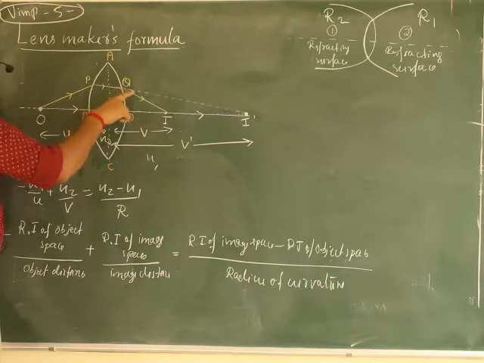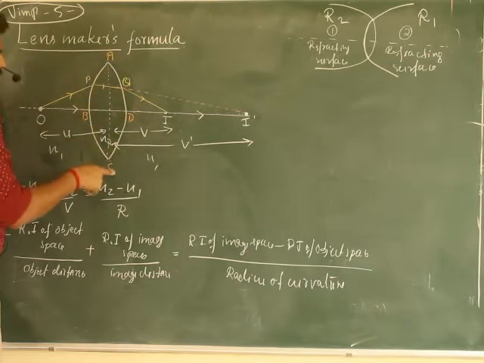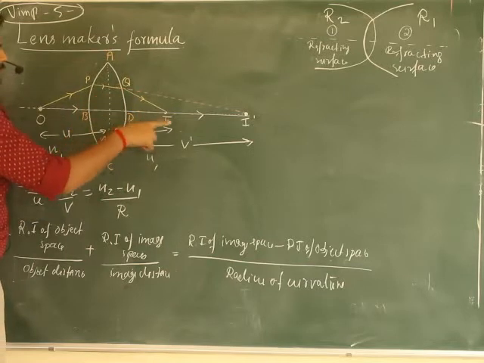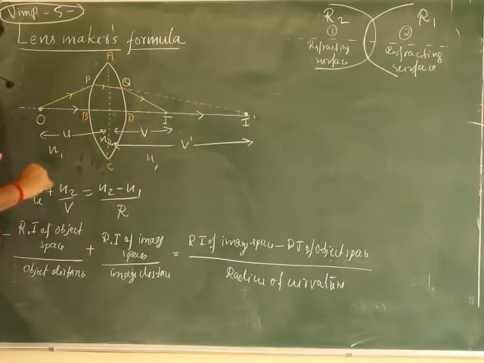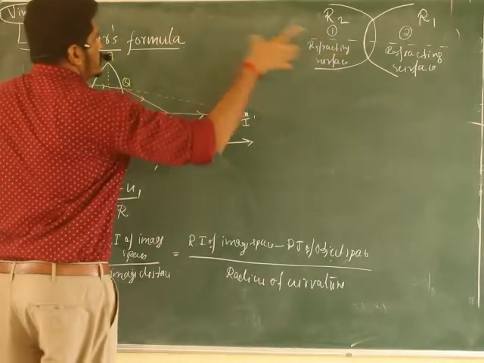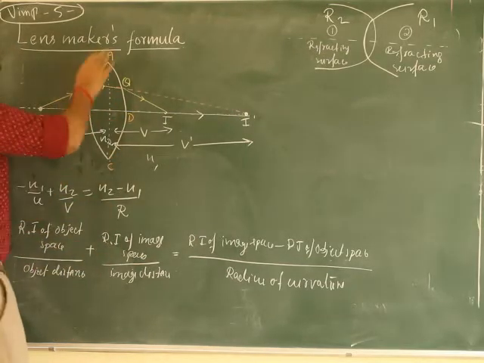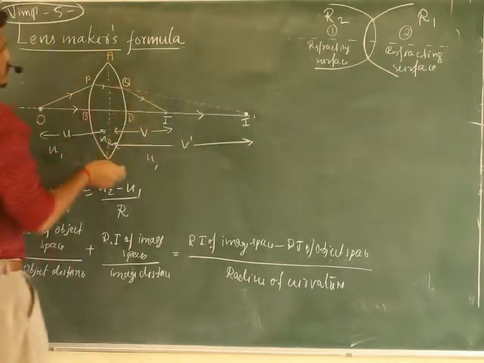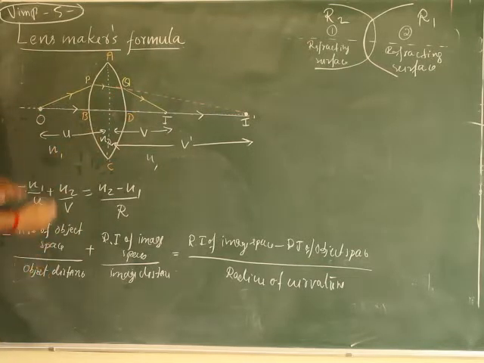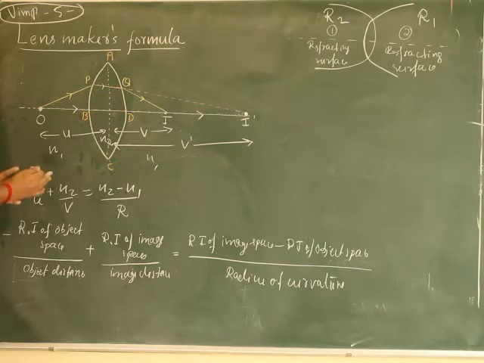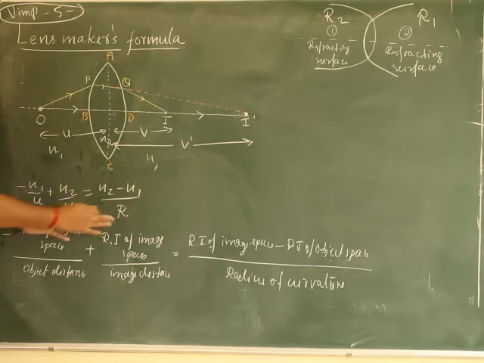Then again it undergoes refraction at face ADC, and that is why it forms the image at I. What are we assuming here? We are assuming this biconvex lens as the intersection of two spherical refracting surfaces. So ABC, this spherical refracting surface, has radius R1. This has R2. So that is why we are using the concept of that derivation we have done: minus N1 by U plus N2 by V equal to (N2 minus N1) by R.